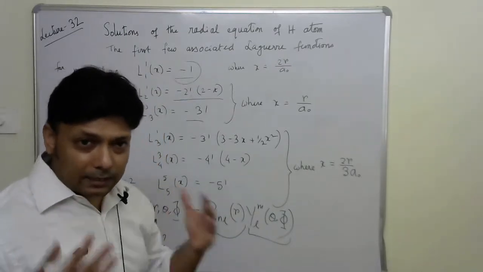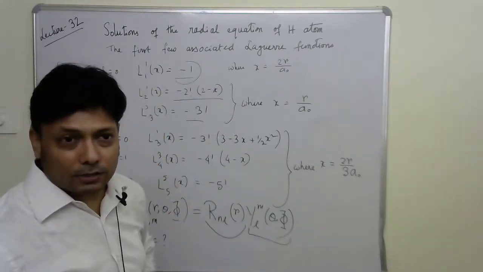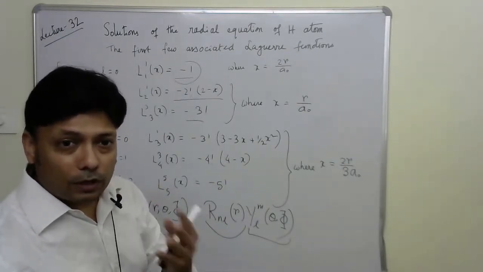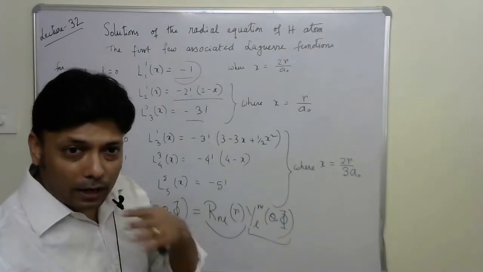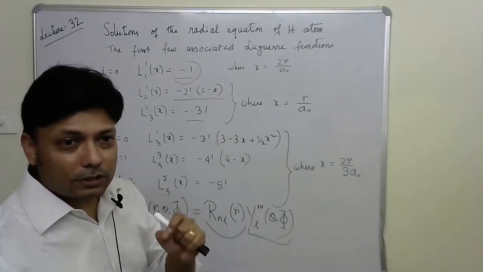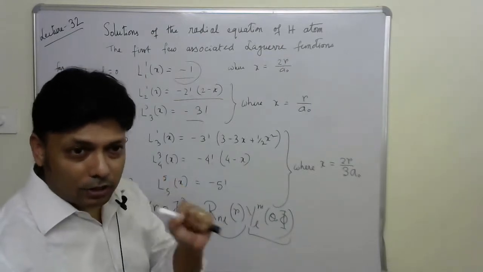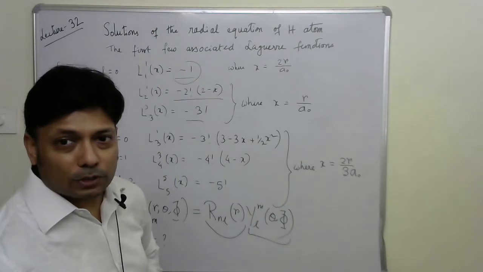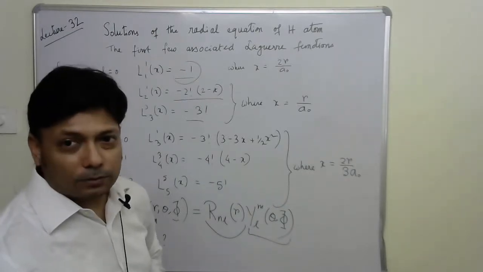Please take this as a simple exercise, because as students of chemistry, we must be able to write the correct expressions of different solutions of Schrodinger's hydrogen atom equation. So let's try that out.